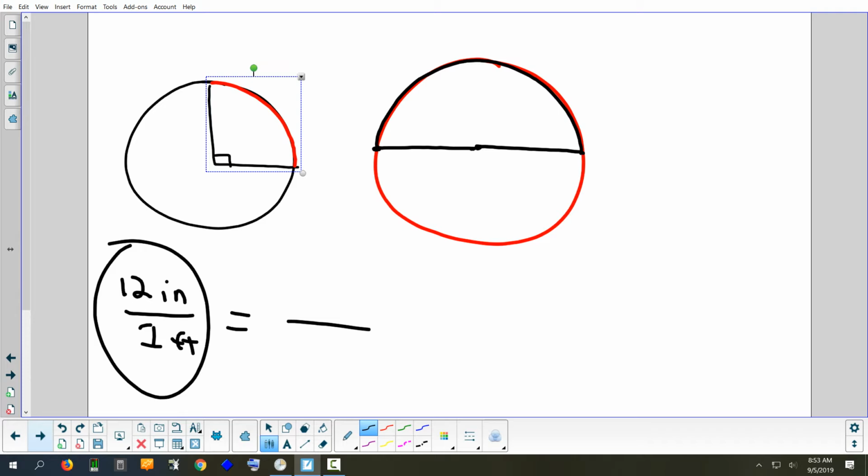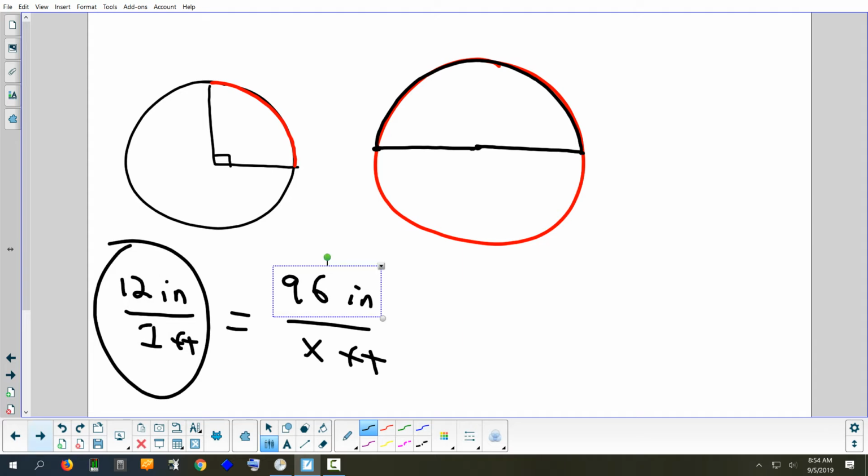Now that you've put in a true fact on the left, you can give me anything you want on the right. You could say, well, what about 96 inches? How many feet is that? Well, I just put in 96 inches, and then I can cross multiply, and I can solve it, right? Now, the fact that Anthony picked 12 and 1, does that limit what number I could put here? Like, could I only do 96?